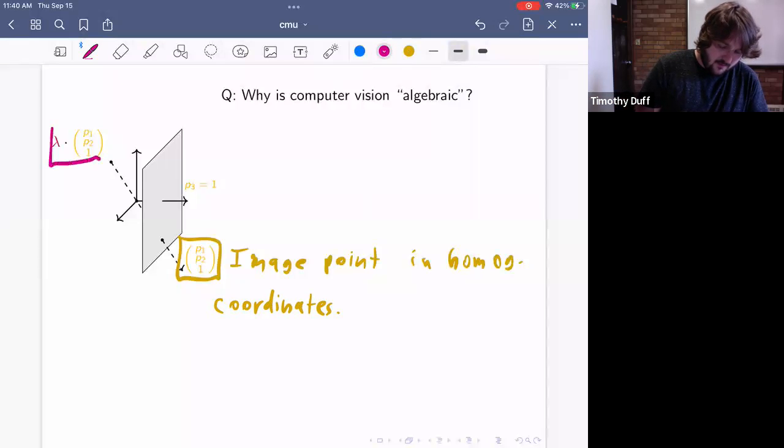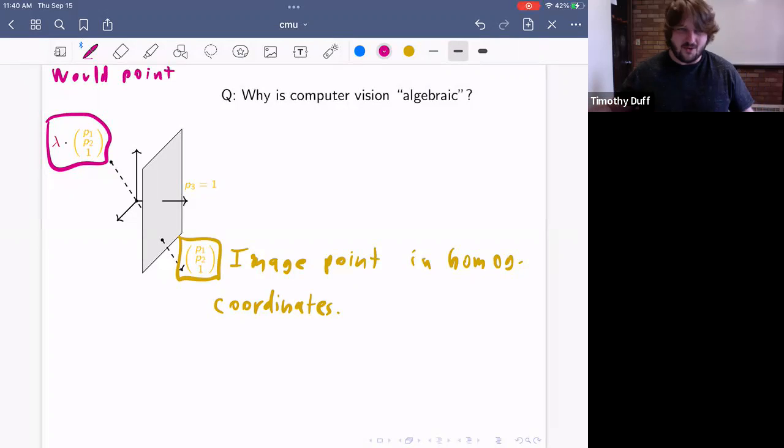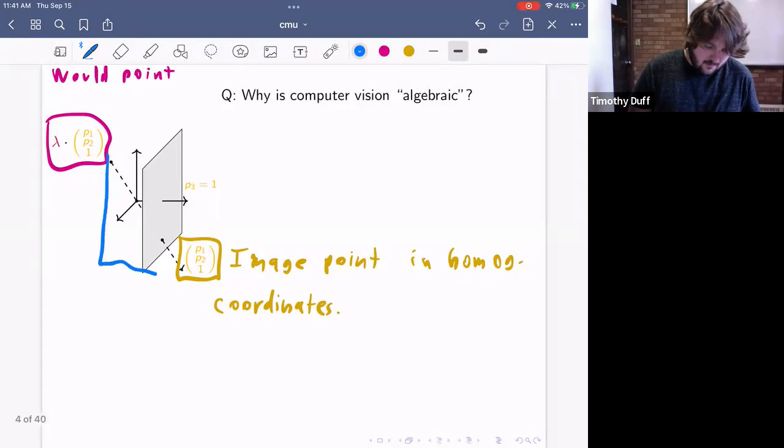What we don't know, if we're just looking at images, is the associated world point. Now, I've written the world point as a scalar multiple of this image point in homogeneous coordinates. And the reason I can do that is because I'm working in the frame of a camera, or what I'll call the camera coordinate system.